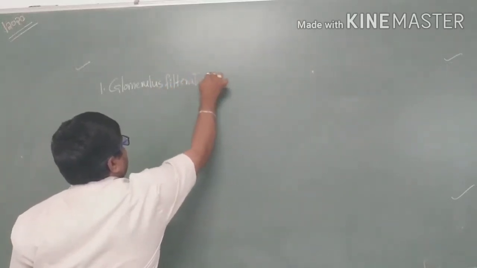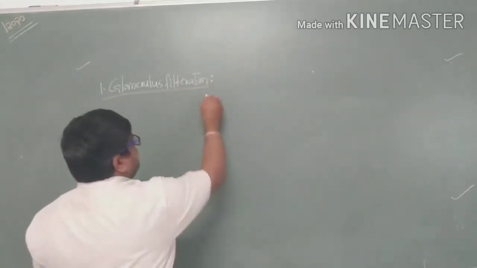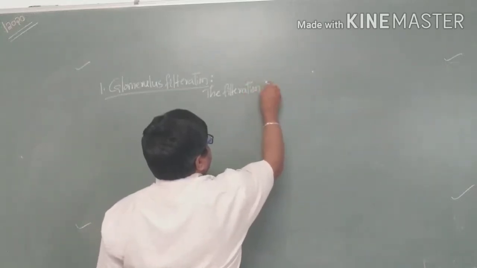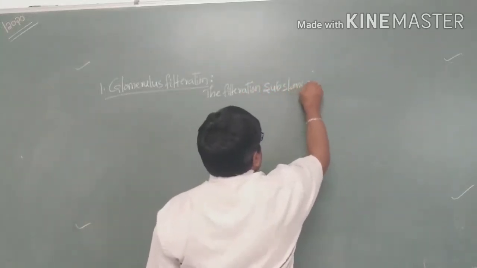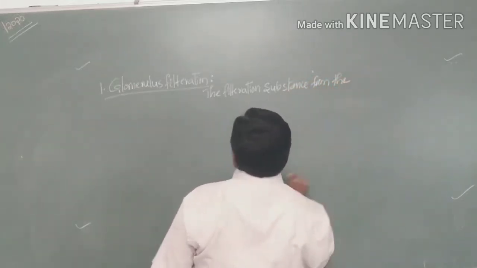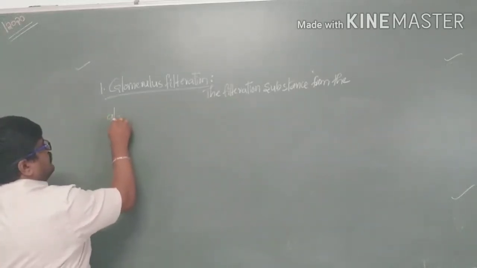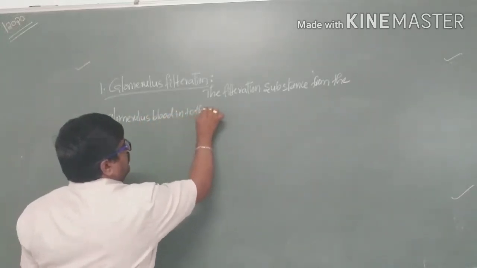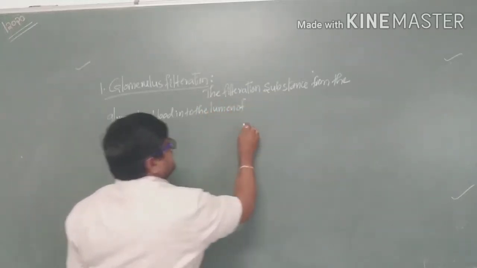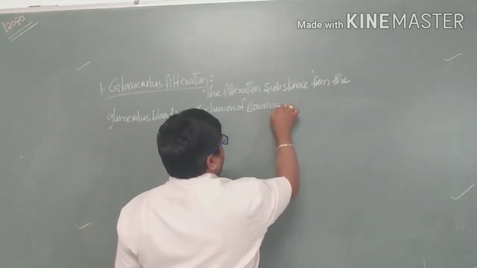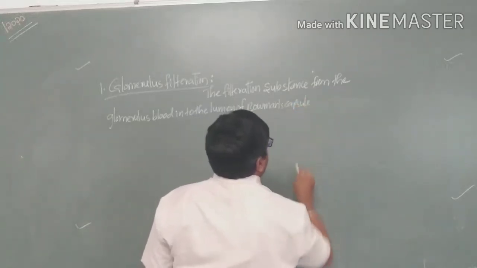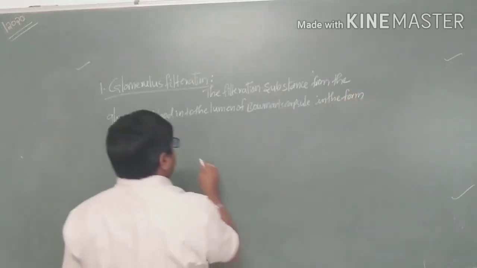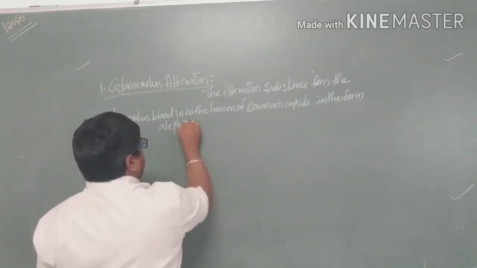So here, what does glomerulus filtration mean? It is the filtration of substances from the glomerulus blood into the lumen of Bowman's capsule, in the form of a nephric filtrate.